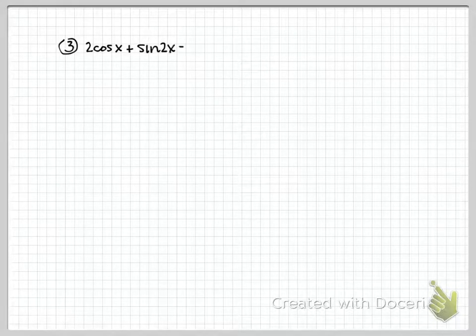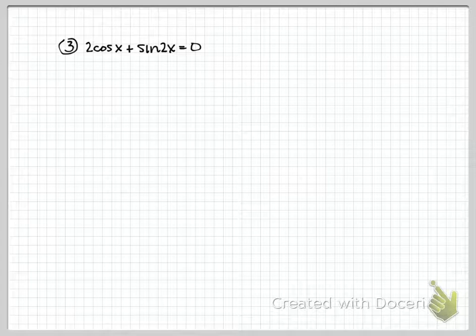Okay, on to example 3. This time we're going to be solving using our double angle formulas. I want to solve 2 cosine of x plus sine of 2x equals 0. To solve this, I want to get rid of that double angle.